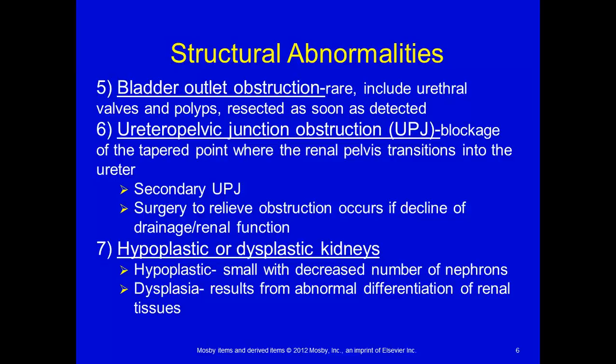And oftentimes a secondary reason for UPJ would literally just be because there's some sort of kinking or some sort of scarring in that area that causes a stricture and causes a narrowing of that outflow of urine out of the kidney. Surgery is definitely needed to relieve that obstruction, especially if there really is a significant decline of drainage and therefore obviously renal function. So this is usually a surgical fix to this type of condition that UPJ is.